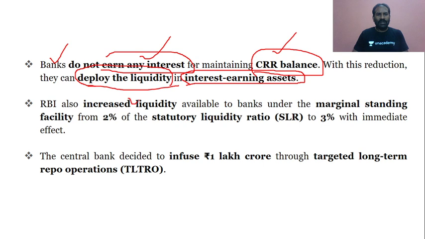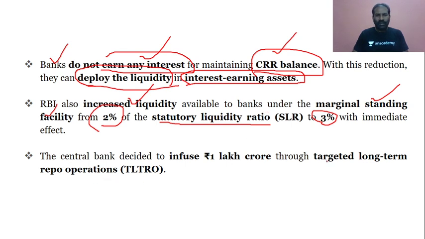RBI has also increased liquidity by the marginal standing facility. This is another facility, wherein the RBI has increased the liquidity by 2%, and then you also have another facility, the statutory liquidity ratio, SLR, by 3%. These are the measures wherein the RBI is pumping money into the banks.